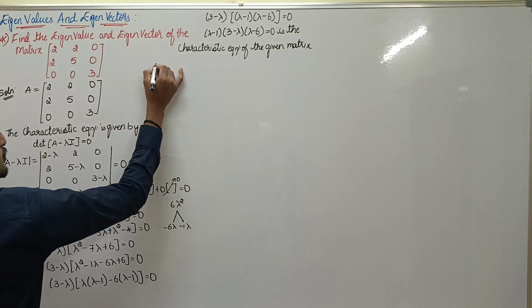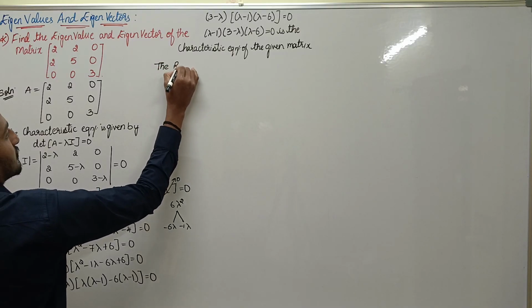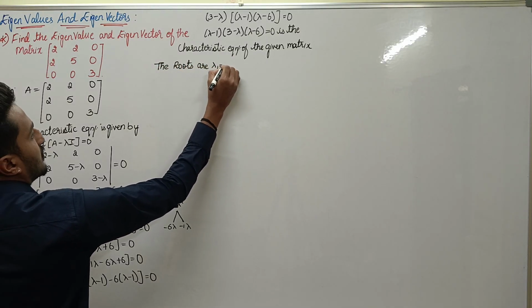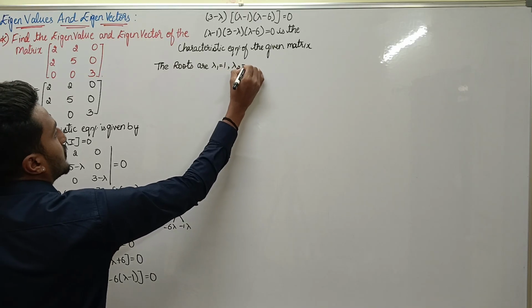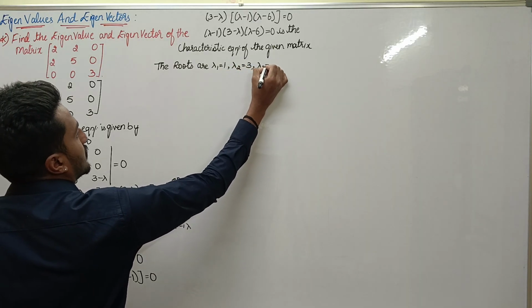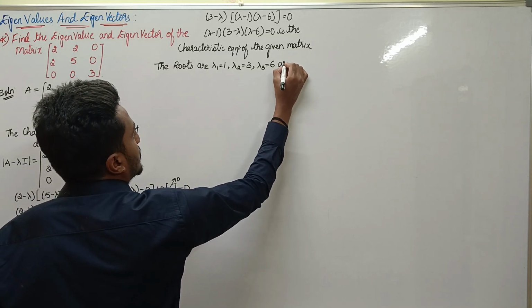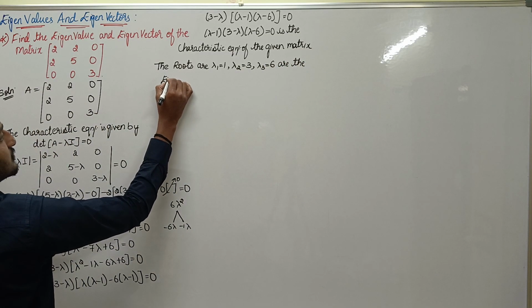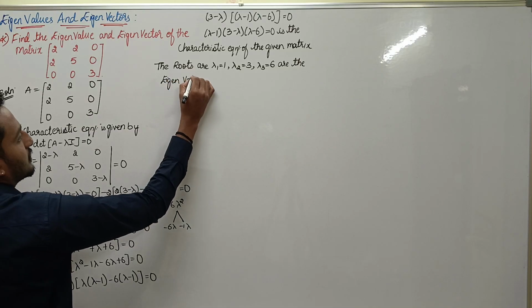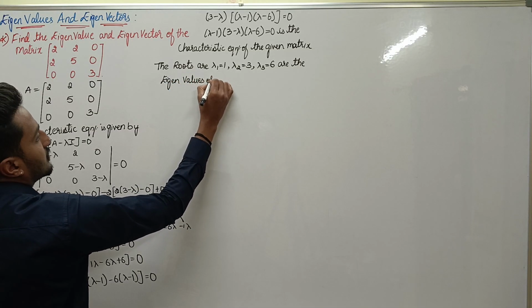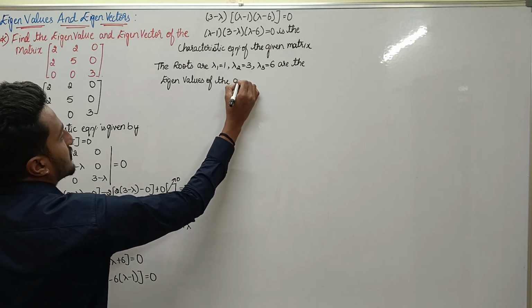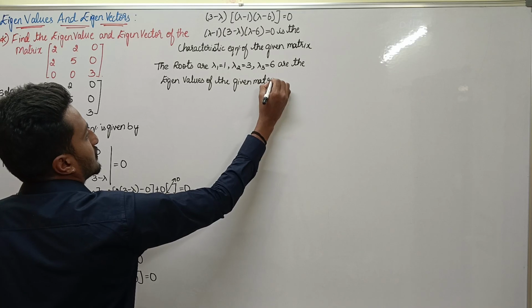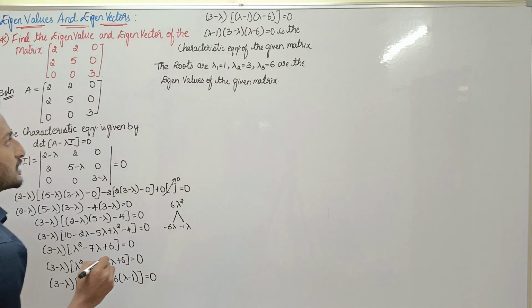Done. Now the roots are lambda 1 equal to 1, lambda 2 equal to 3, lambda 3 equal to 6, which are the eigenvalues of the given matrix.